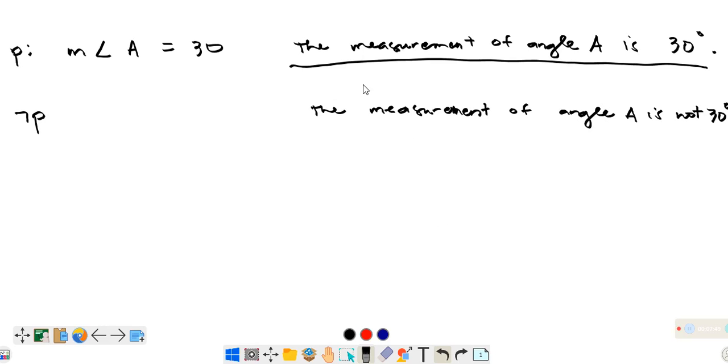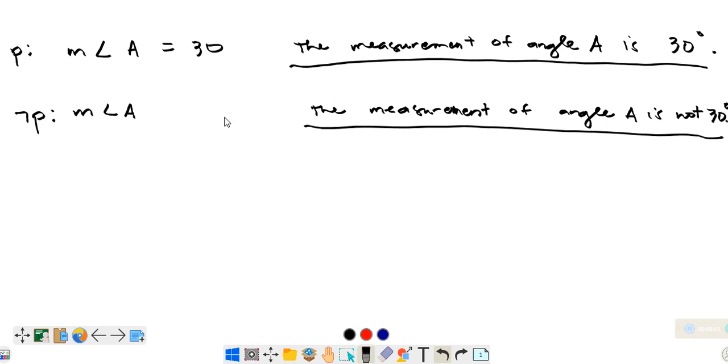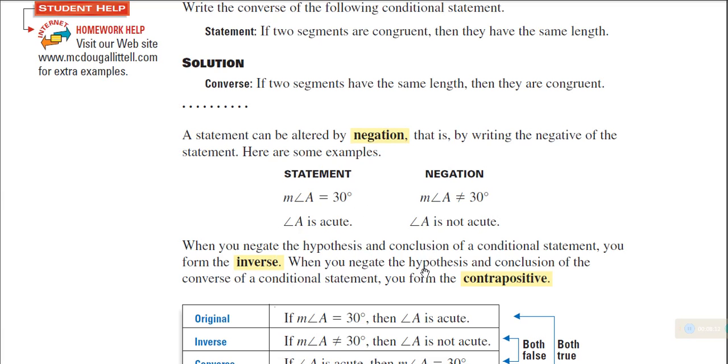So, instead of using this statement in the form of an English sentence, pwede mo siyang i-transform into a mathematical statement. So, the measurement of angle A, equal nung una, di ba? So, anong kabaligtaran ng equal? Not equal. It's not equal to 30. So, I hope that was clear.